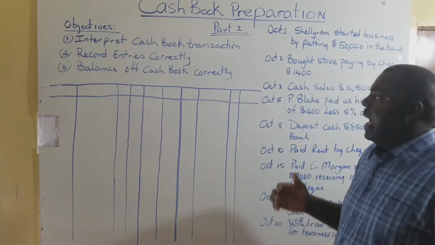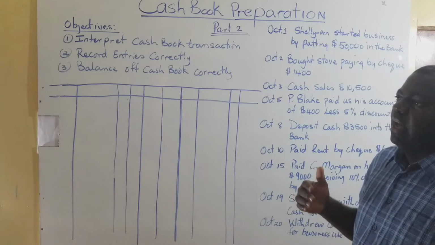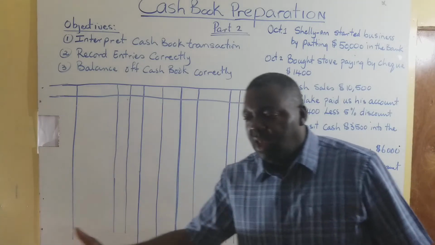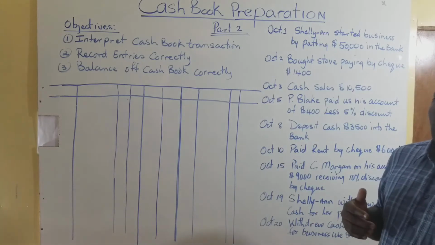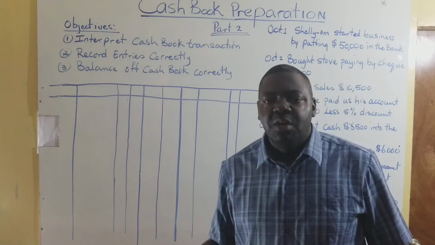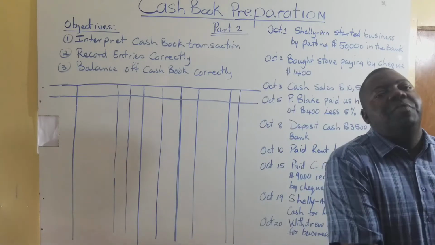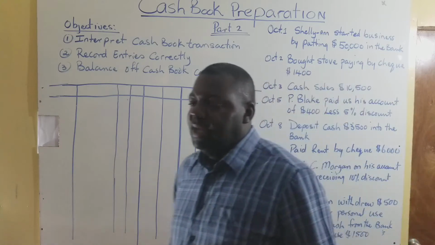And we also indicated that when money is moving into the business, we are going to debit the cash book. And when it is moving out of the business, we're going to credit the cash book.